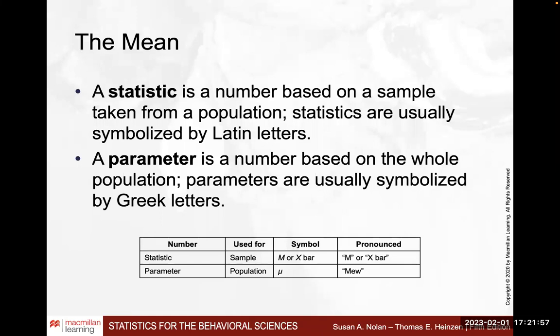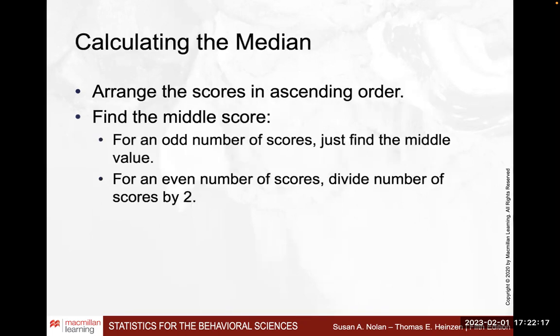So we have M or X bar and we have mu, but it's calculated in the same way. The difference is that calculating a mean for a population is obviously quite a task because you have a whole population. For a sample, it's usually a smaller fraction of the population. In the questions, you will have your mu's given, and you will see that later on when we come to hypothesis testing.